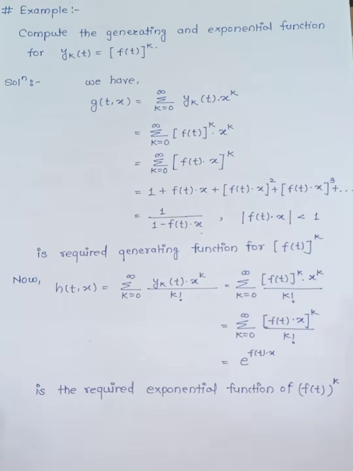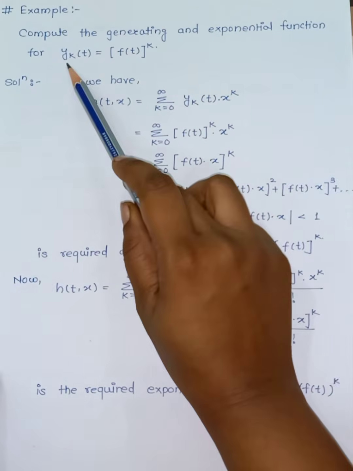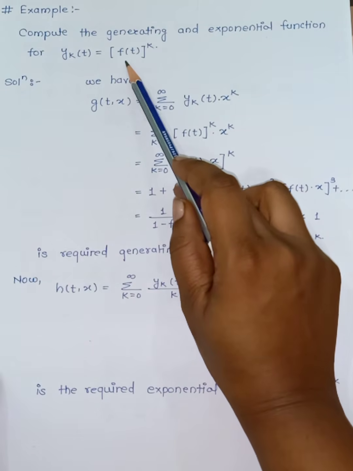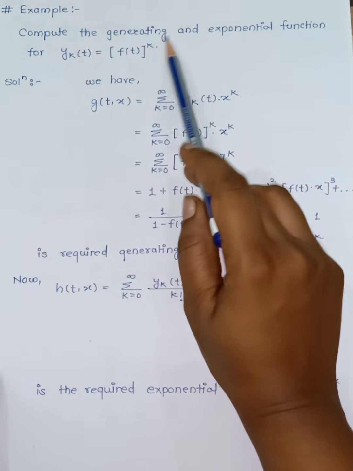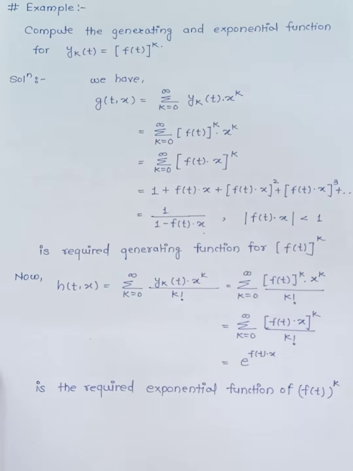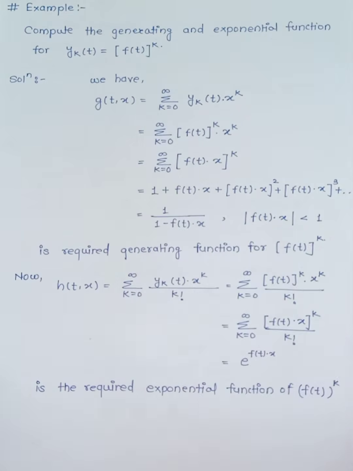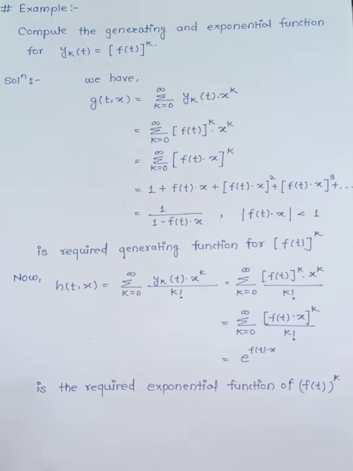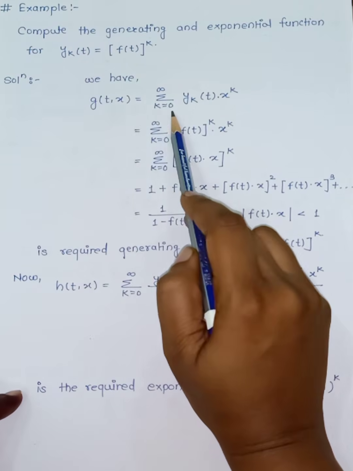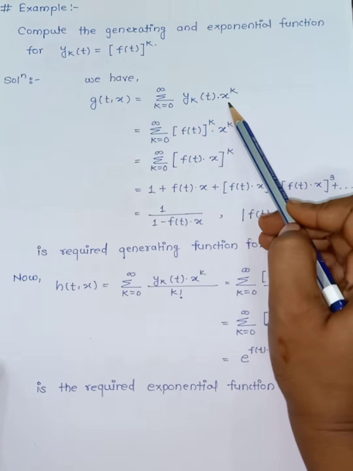So the question is, compute the generating function and exponential generating function for y_k of t equals f of t to the power k. What we have to find is the generating function and the exponentially generating function of y_k of t, and the value of y_k of t is f of t to the power k. So let's see the solution. We have g of t x equals summation from k equals 0 to infinity y_k of t into x to the power k.